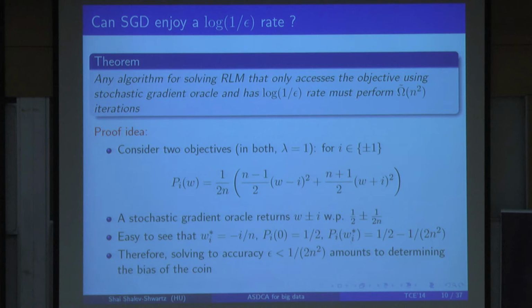So this is 2 objectives: either I put the extra example here or here. Both of them are very similar. Now, if you access this objective using a stochastic gradient, what you will get is exactly the same information as if you flip a coin whose bias is 1/2 plus or minus 1 over 2n, and plus or minus depends on whether we are in case 1 or case 2.